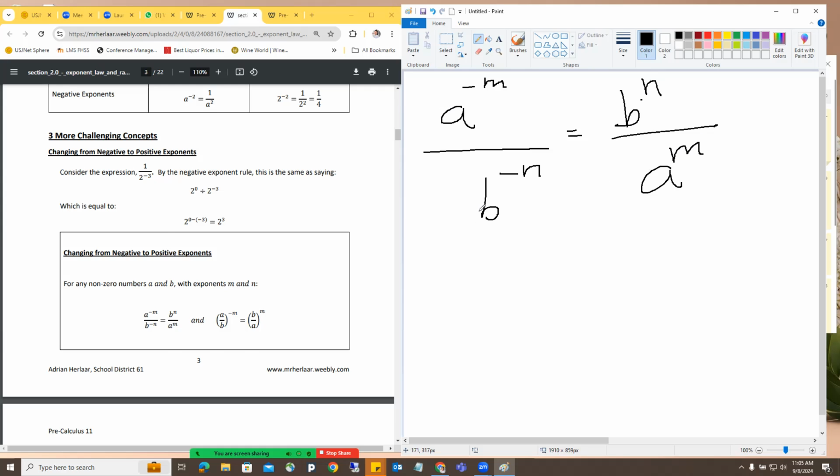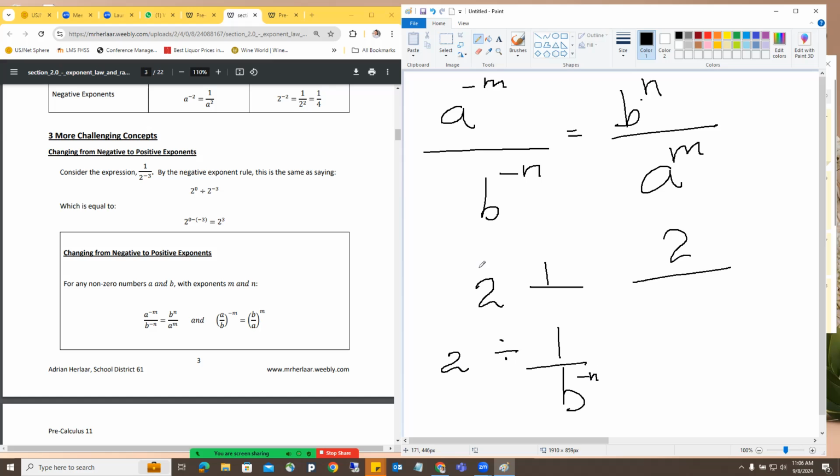Now we have a question. Take an example like 2 divided by 1 over b^-n. The negative power n belongs only to the b.